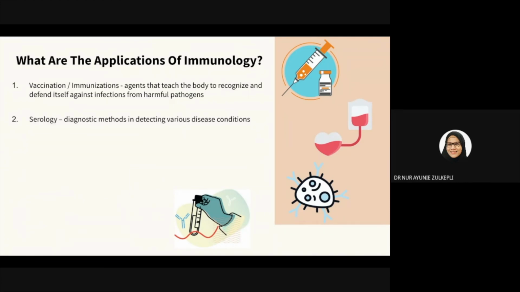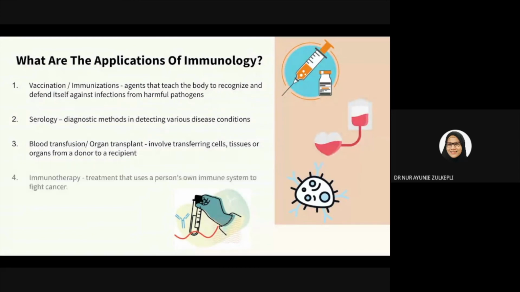And we can apply immunology in serology, the diagnostic method for detecting various disease conditions using body fluids. We can also apply immunology in blood transfusion or organ transplant, which involve transferring cells, tissue or organs from a donor to a recipient.